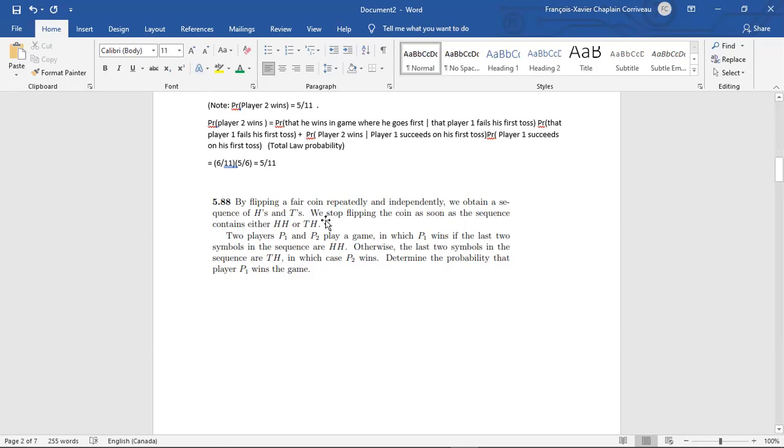So this wording is a bit odd, okay? Exactly. So here the different part is that no one wins on the first toss, right? So you could think of this question as they each flip a coin until this happens or this happens, and they take turns flipping the coin.